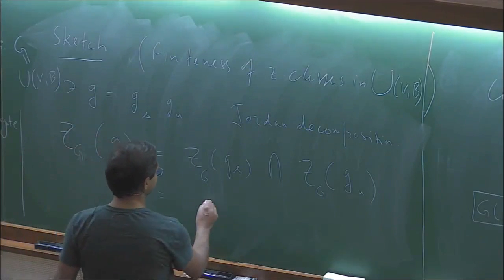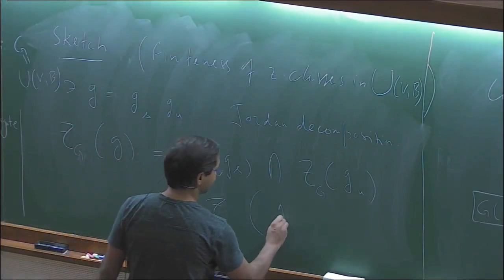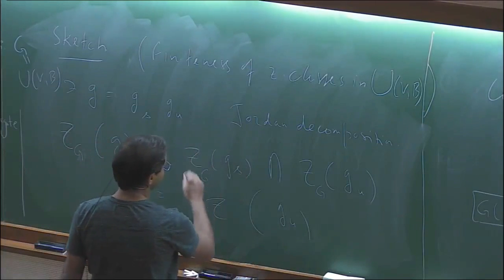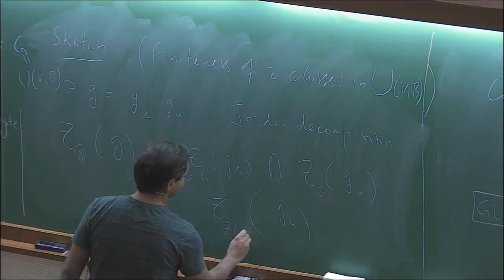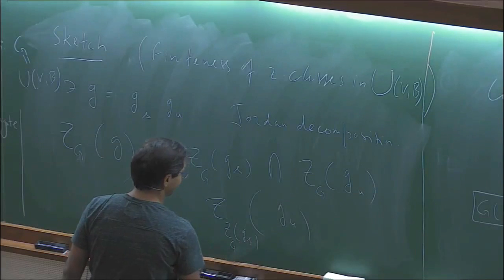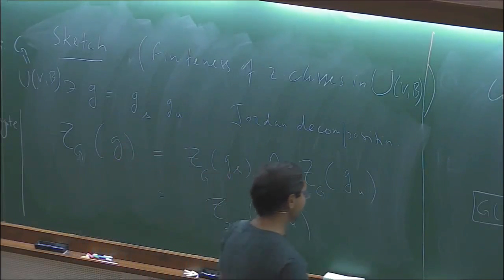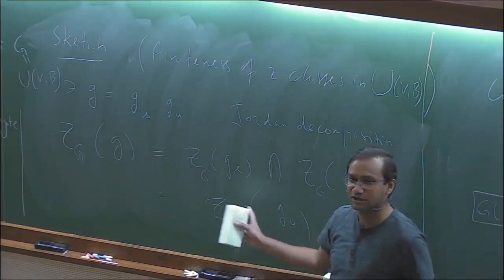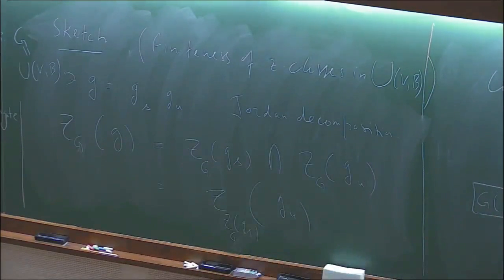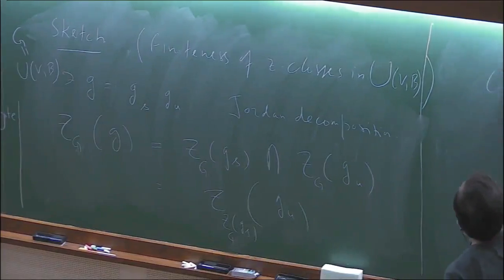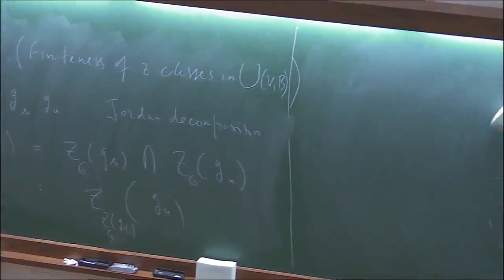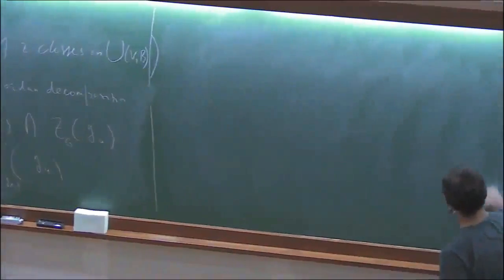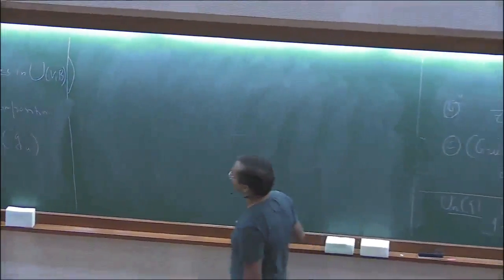So I can write this as the centralizer of g_u in this subgroup, which is the centralizer of g_s in G. So if I want to calculate the centralizer, I have to complete these three main steps.